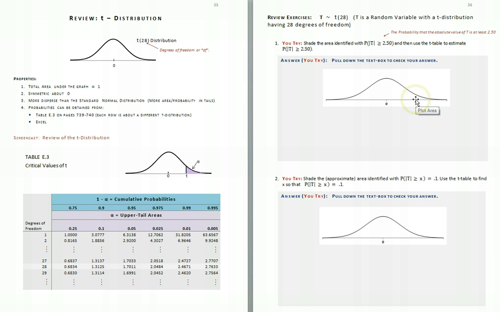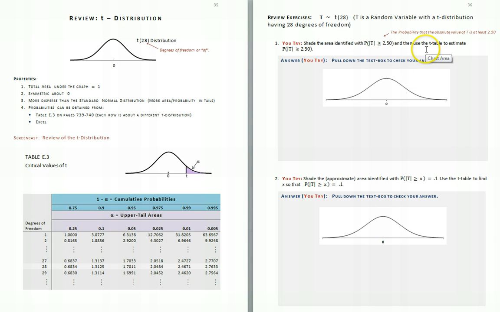If this was plus 2.50, we would shade the area to the right of 2.50 under the t-distribution. And then, because this is two tails because of the absolute value, we go down to minus 2.50 and shade the area to the left of minus 2.50 under the curve.